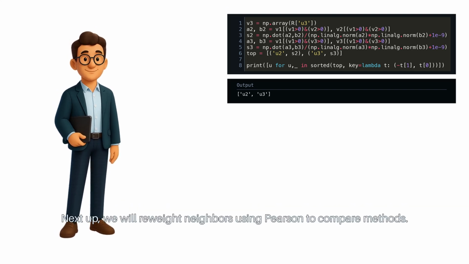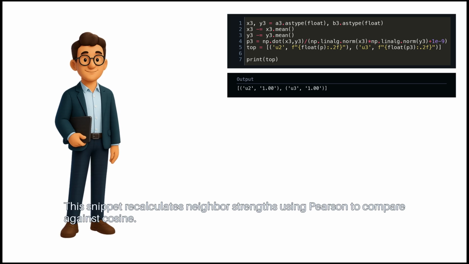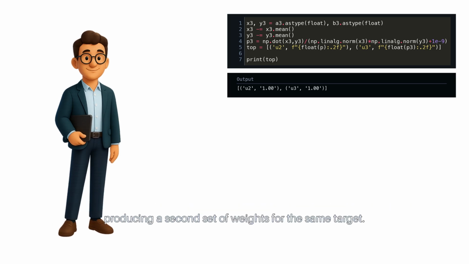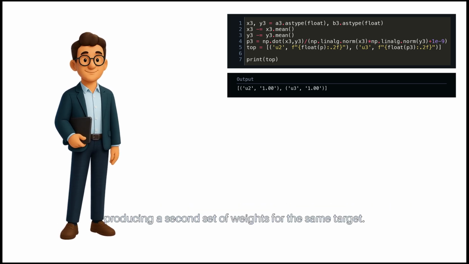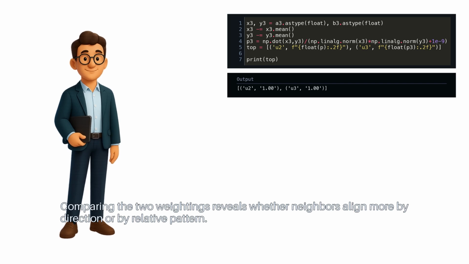Next up, we will reweight neighbors using Pearson to compare methods. This snippet recalculates neighbor strengths using Pearson to compare against cosine. It takes the same neighbor candidates and recomputes their similarity using mean-centered correlation, producing a second set of weights for the same target. Comparing the two weightings reveals whether neighbors align more by direction or by relative pattern.